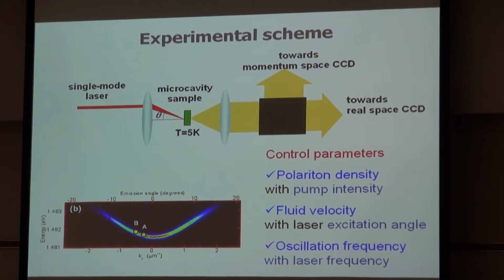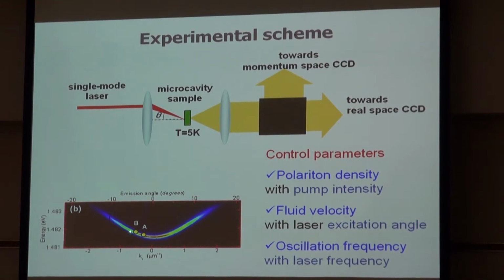Now, the experiment. This is a scheme of the experiment, slightly simplified, but it's not a very complicated experiment because you shine light onto this cavity here, which is in its cryostat, with an angle which will determine the velocity of the fluid. And then you look at the light transmitted by the microcavity, either in momentum space, far field, or in real space, an image of the cavity.